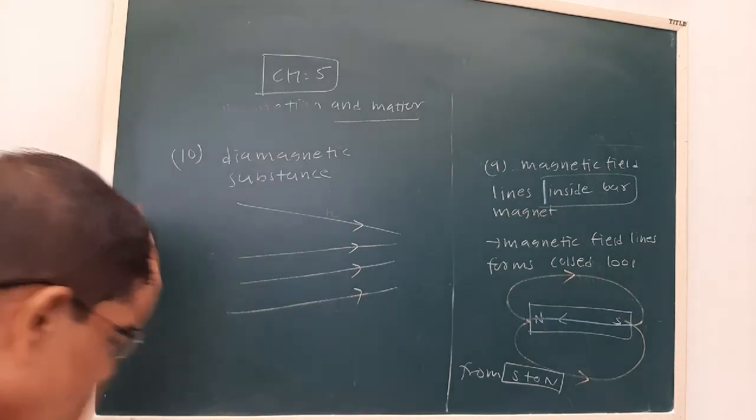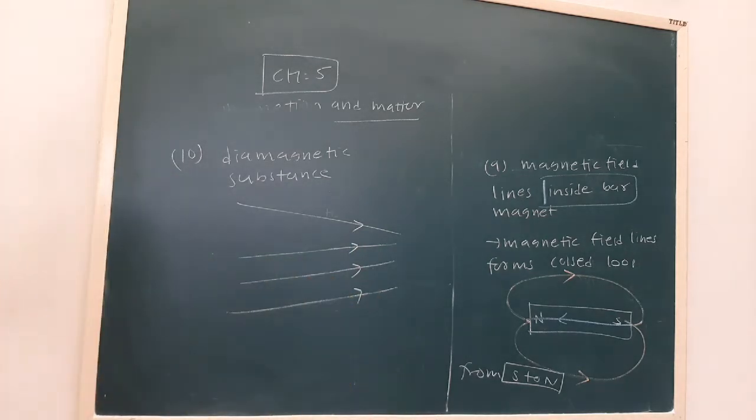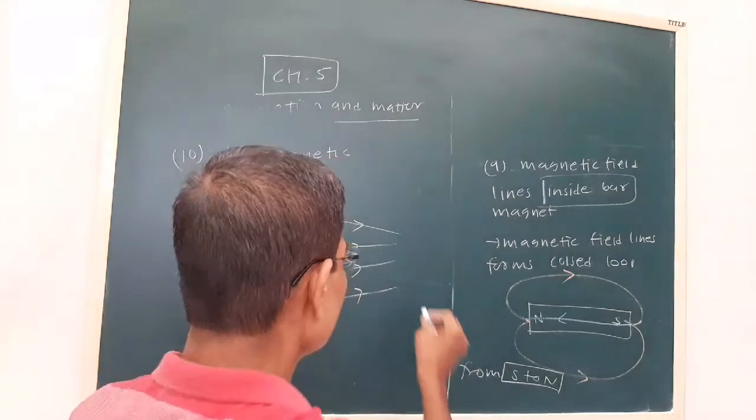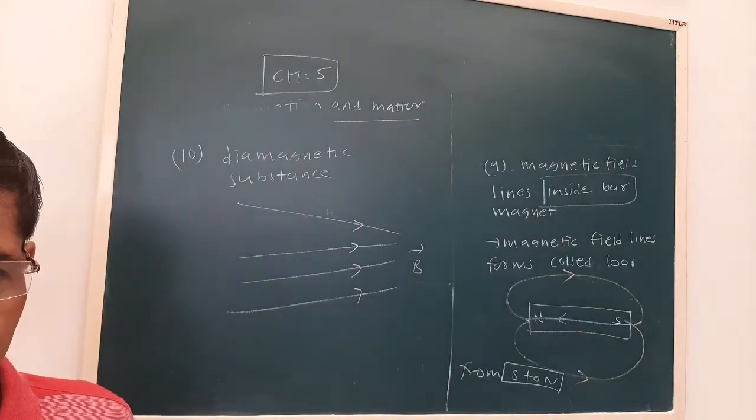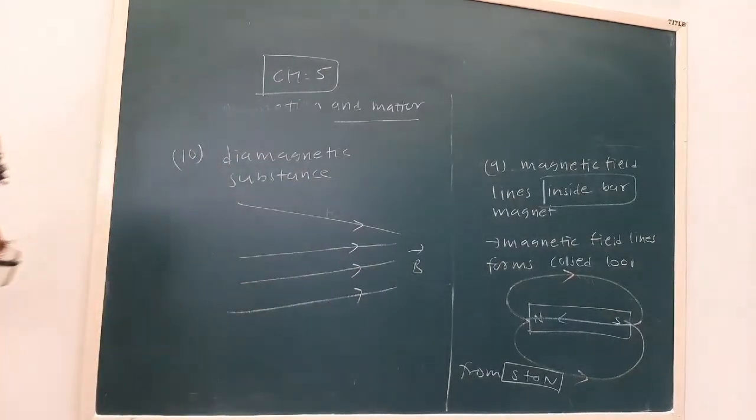This is how the non-uniform magnetic field can be represented. See the uniform magnetic field, they are parallel and equidistant lines. See the non-uniform, it will not be parallel and equidistant.